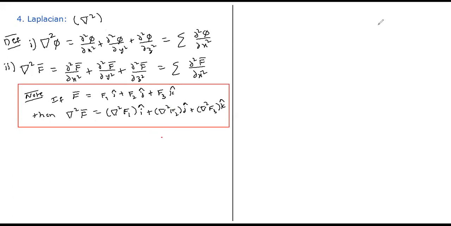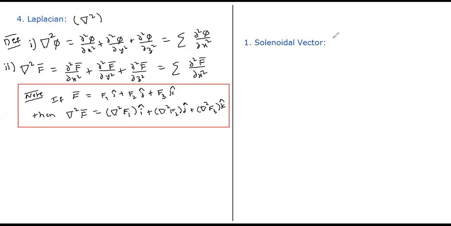Now I'm going to write down 3 more definitions. First one is called solenoidal vector. So when do you say a vector is a solenoidal vector?